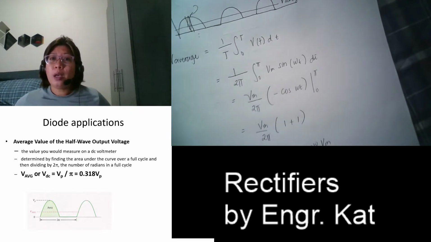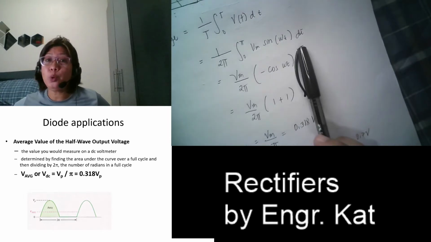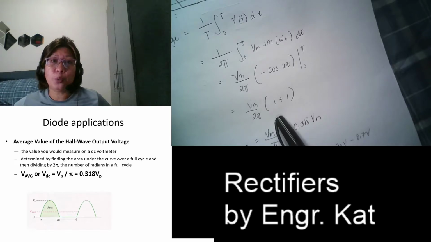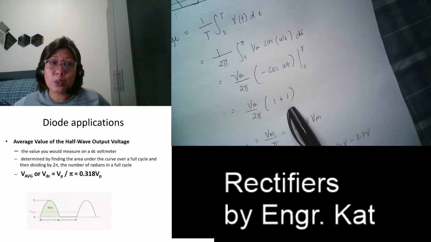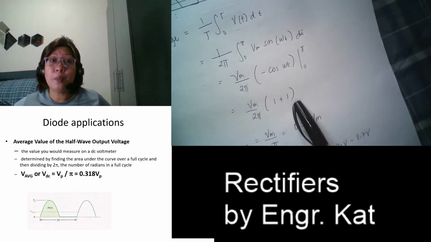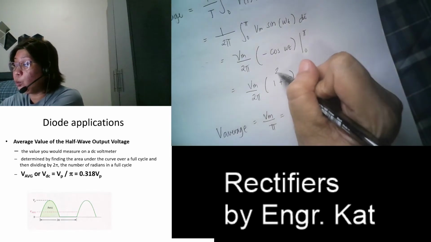Okay, so evaluating negative cosine omega t from 0 to pi, that gives negative cosine pi, which is negative of negative 1, minus negative cosine 0, which is negative 1. So it becomes 1 plus 1, which is 2.